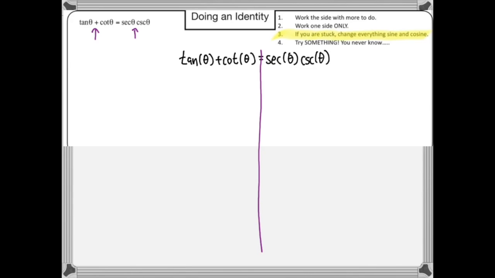Basically, as is, we're kind of stuck unless we rewrite it. So let's go ahead and rewrite the following. Let's rewrite tangent as sine over cosine.